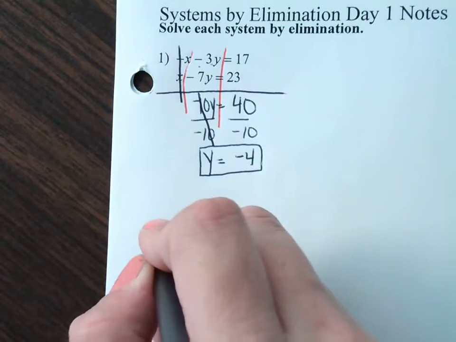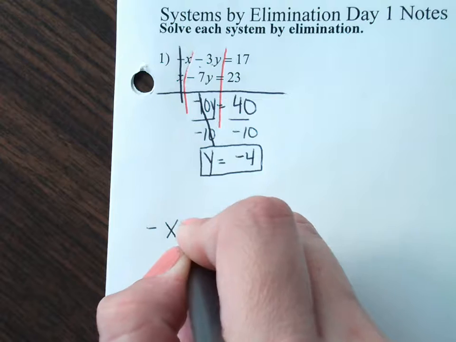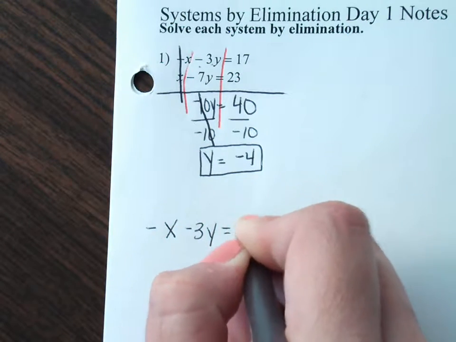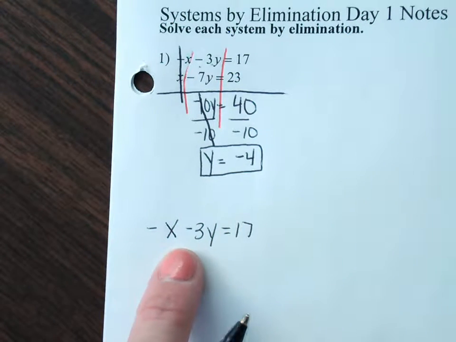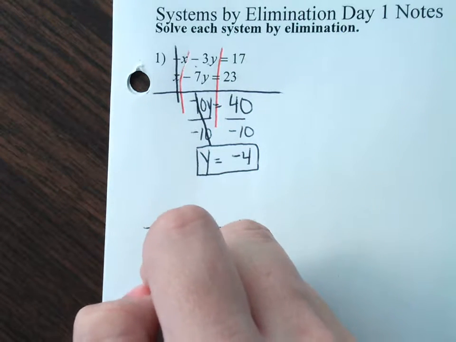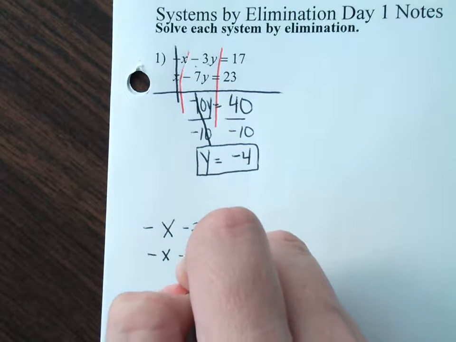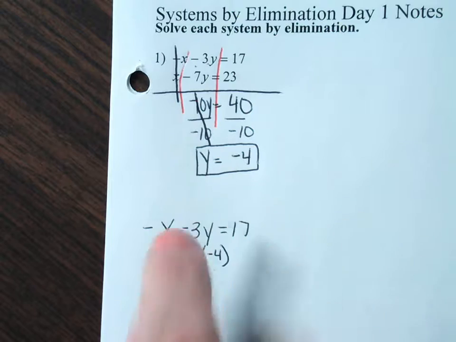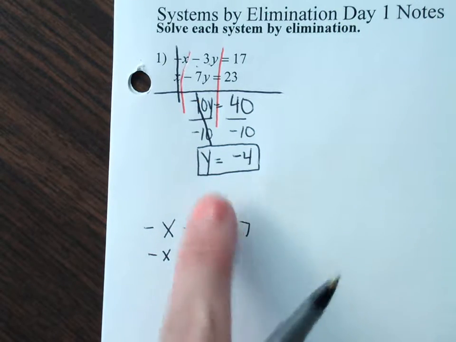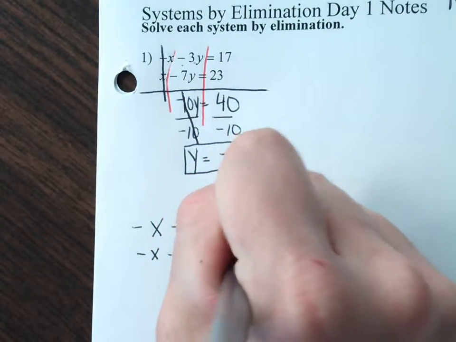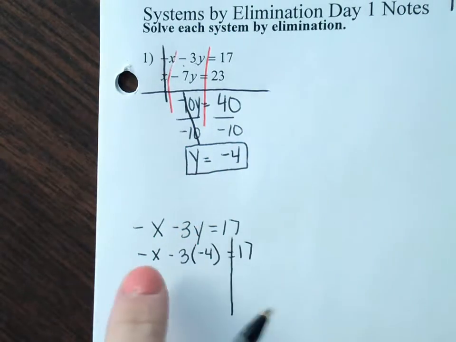So we can choose either equation. I'm going to show you with both on this first one. My first equation is negative x minus 3y equals 17. So we are going to substitute or replace y with the value we just got up here, which is negative 4. And then we solve our equation.